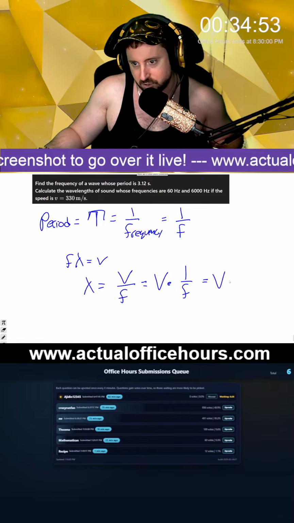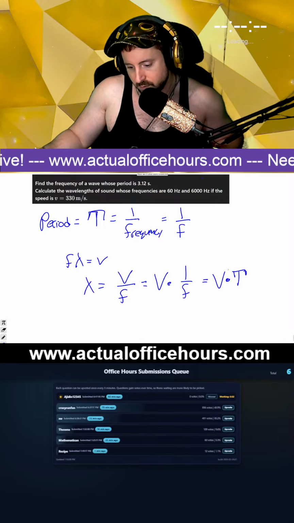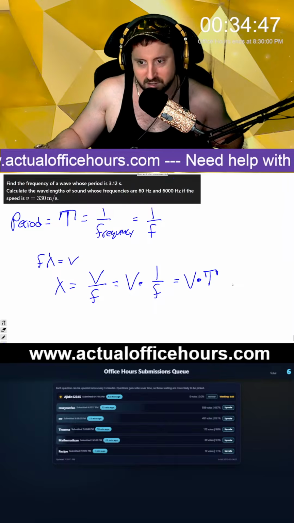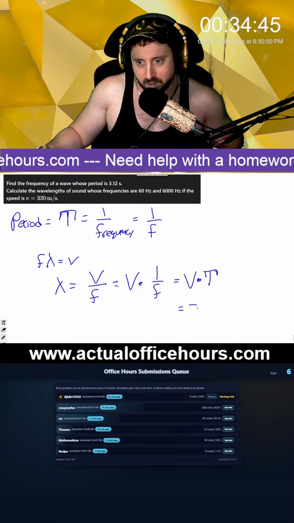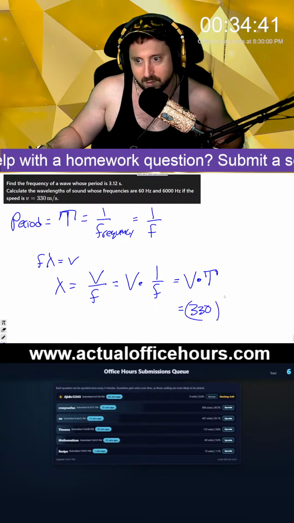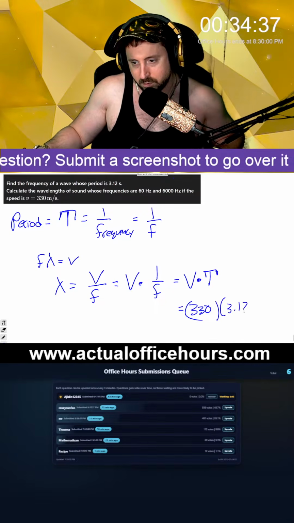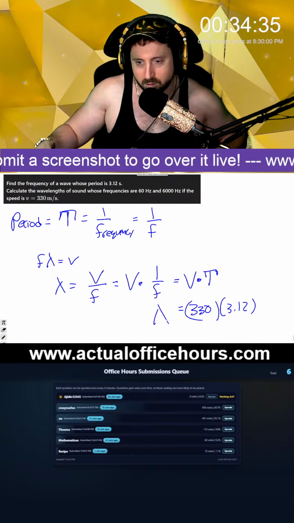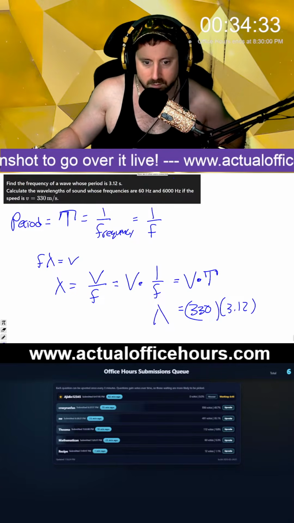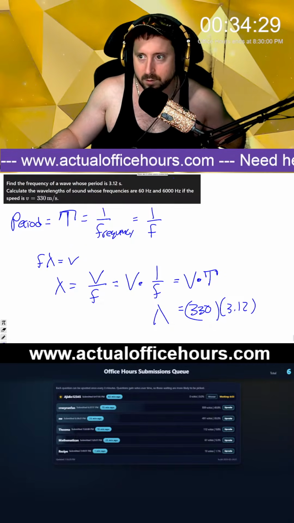So this is actually just equal to the speed times the period. If you want to make this easy, you can just type in, well, cool, I know what the speed is. It's 330. And then the period in this case is 3.12. So you can just do a little bit of math. Where's my calculator? Calculator.